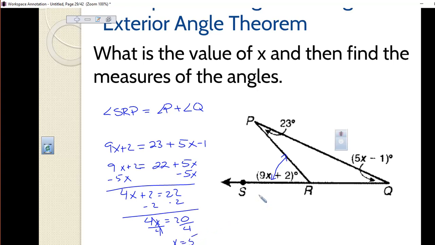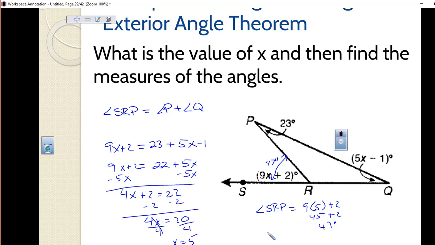So once we found that, it's a matter of going back and plugging it in. So the measure of angle SRP, this one here, is going to equal 9 times 5 plus 2. So 45 plus 2 is 47. So this angle out here is 47 degrees, which means these two should also equal 47 if you add them up.